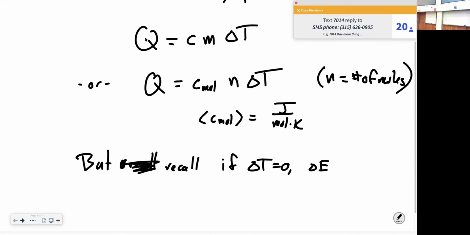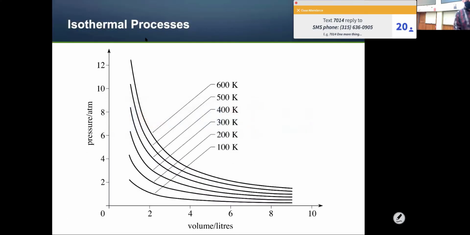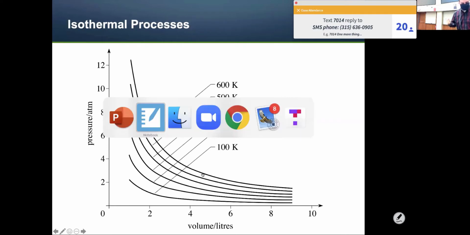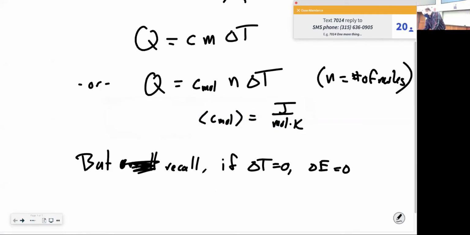In fact, it means that delta E is 0. What is true about Q for any one of these lines? Let's say I go from here to here. Well, let's go back and recall the first law of thermodynamics, delta E equals Q minus W, right?